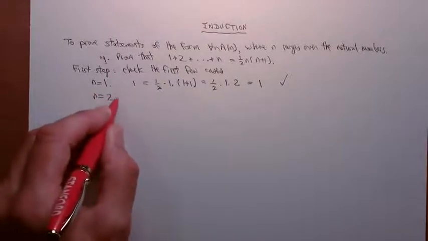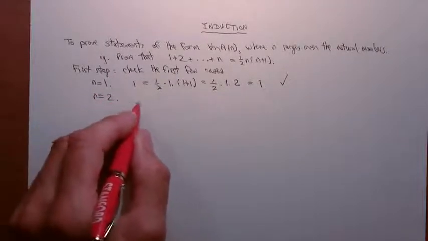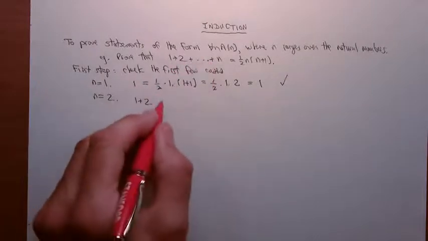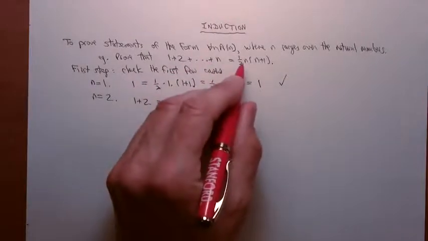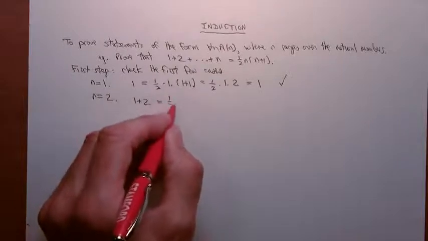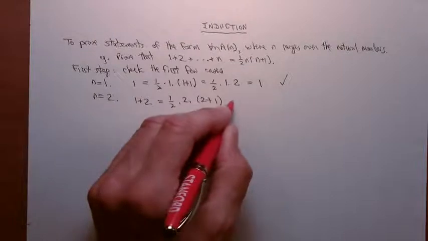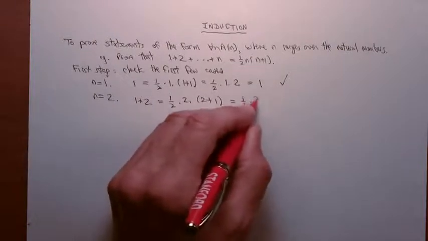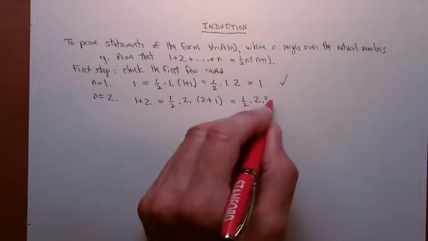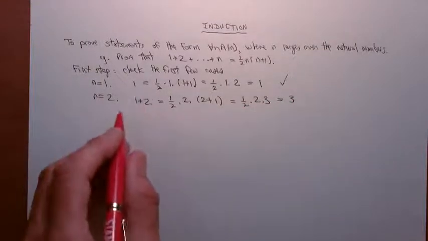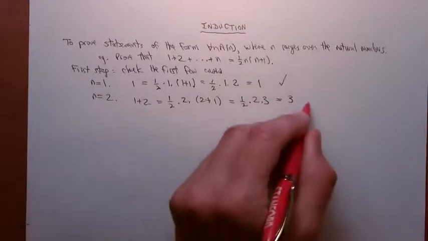In the second case, n equals 2, what do we have? We have 1 plus 2 is the left-hand side, equals, put n equals 2 here, we get a half times 2 times (2 plus 1), which is a half times 2 times 3, a half of 2, so we've got 3, and 1 plus 2 does equal 3.